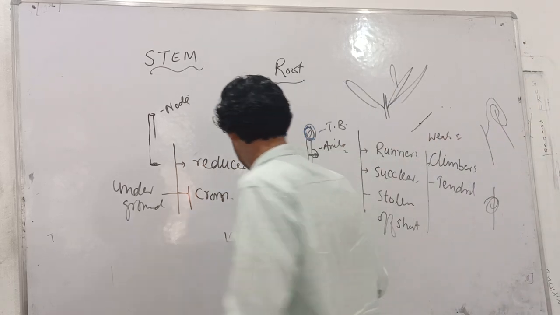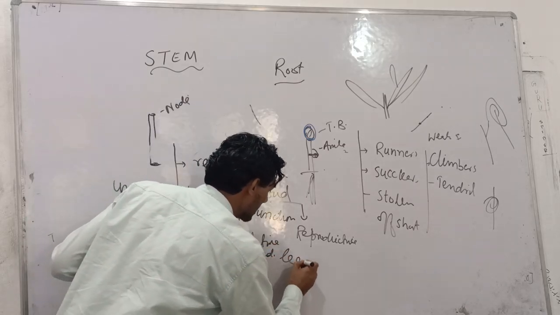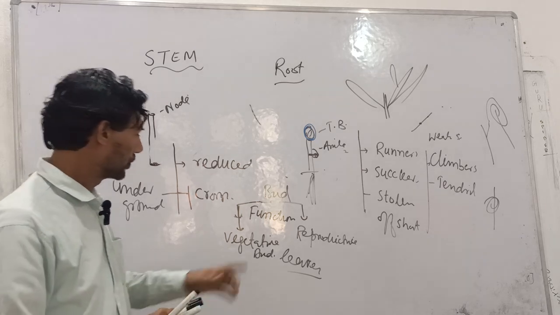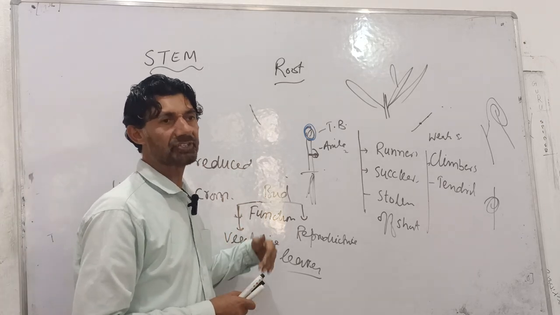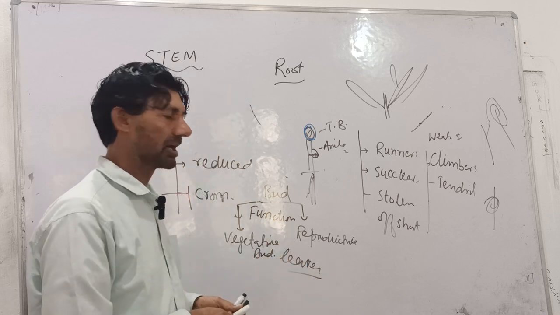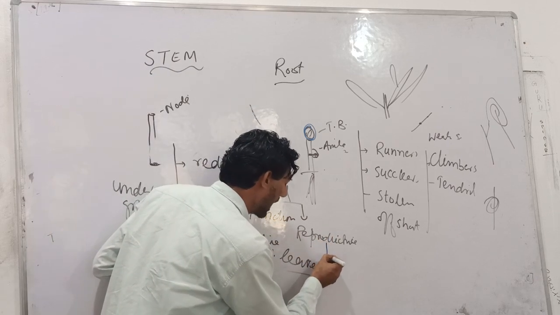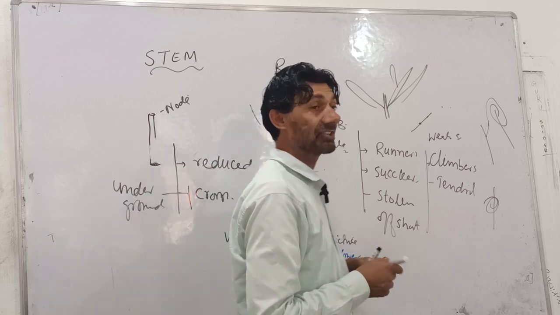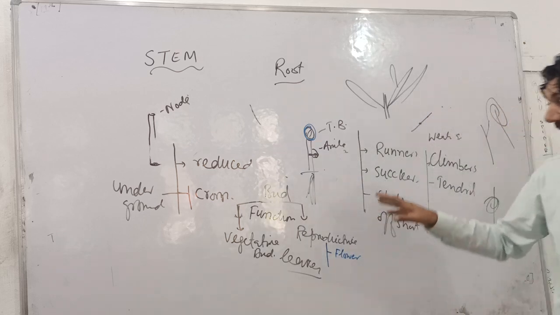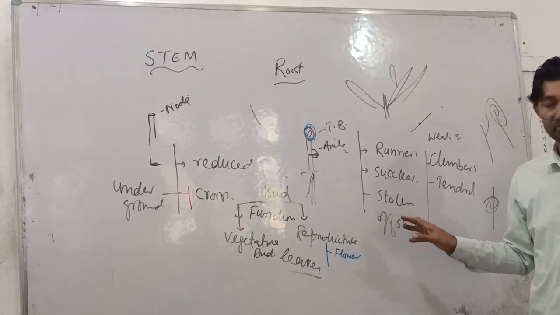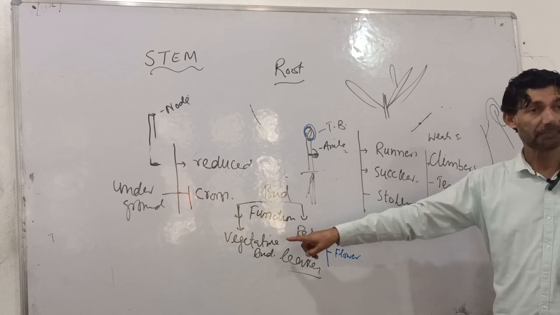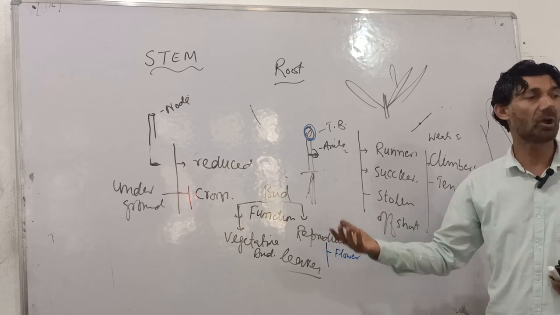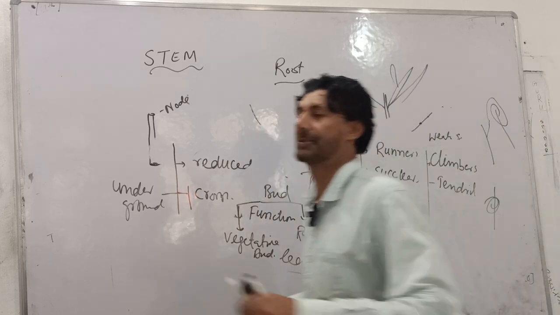The other is the reproductive bud, from which flowers arise. So on the basis of function, buds can be classified into two types: vegetative bud, which gives leaf and branch, and reproductive bud, which gives flower.